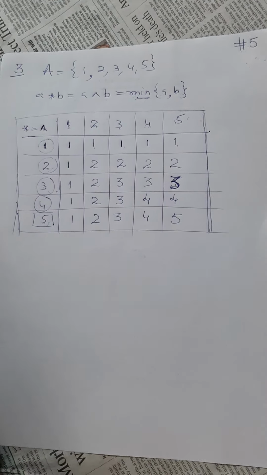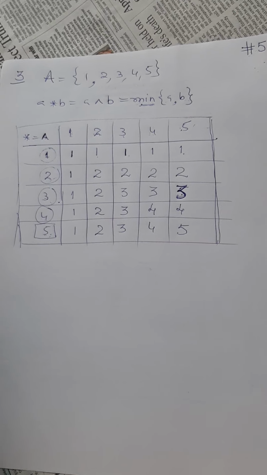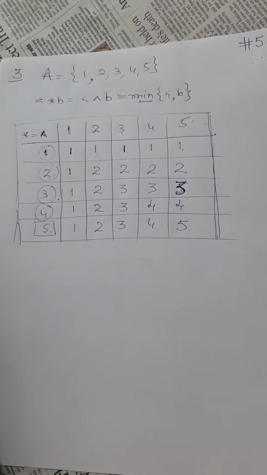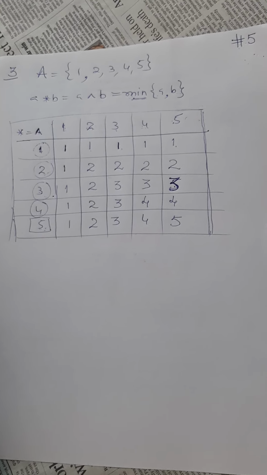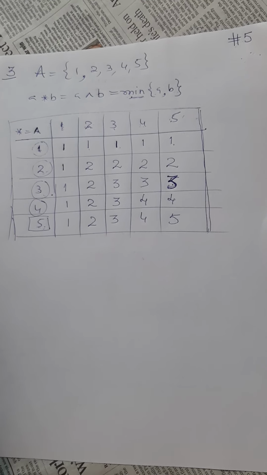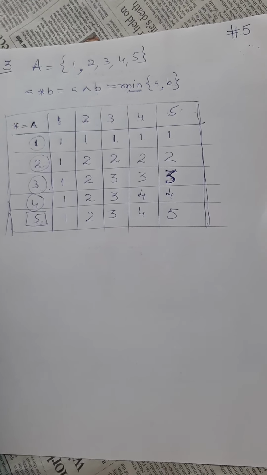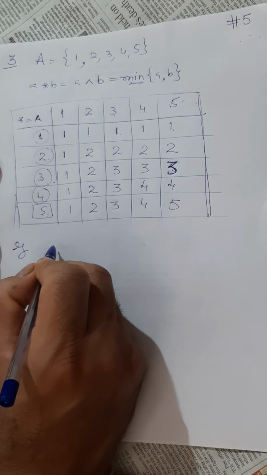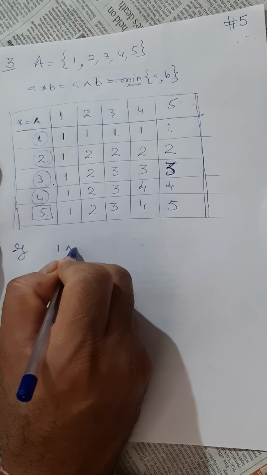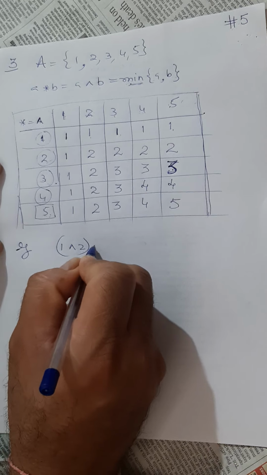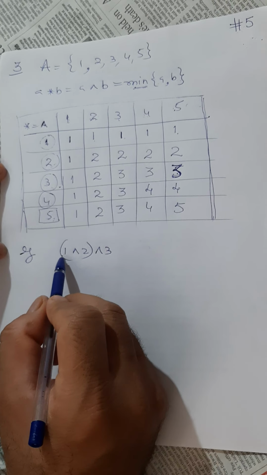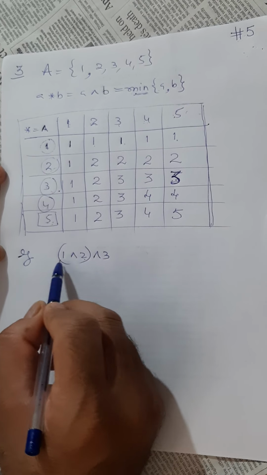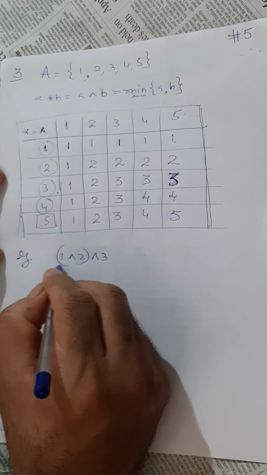So you are just asked to prepare this table in this question. Write the operation table of this operation. We have just prepared the table. This is not asked, but you can answer such questions. Suppose I want to find 1 asterisk 2 asterisk 3. What is 1 asterisk 2? The minimum is 1.